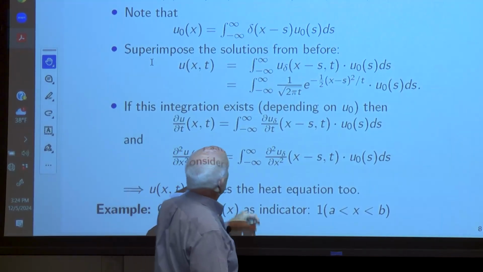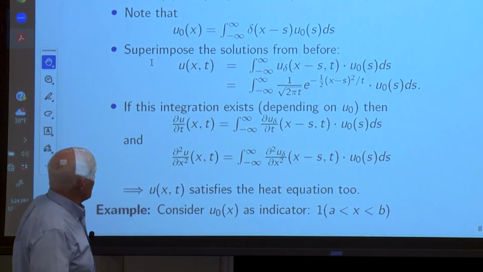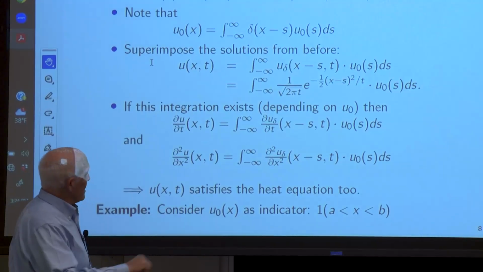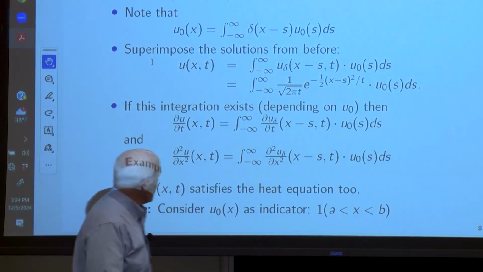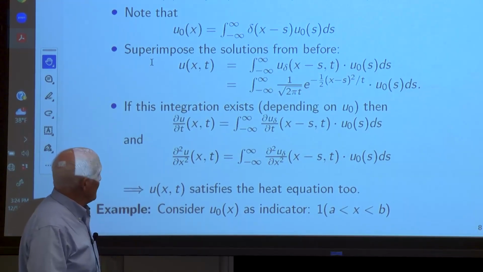That's the only part that depends on t. Similarly, for the second partial with respect to x, we can take that under the integral sign and get this expression here. So if this holds, then we have this function satisfying the heat equation.